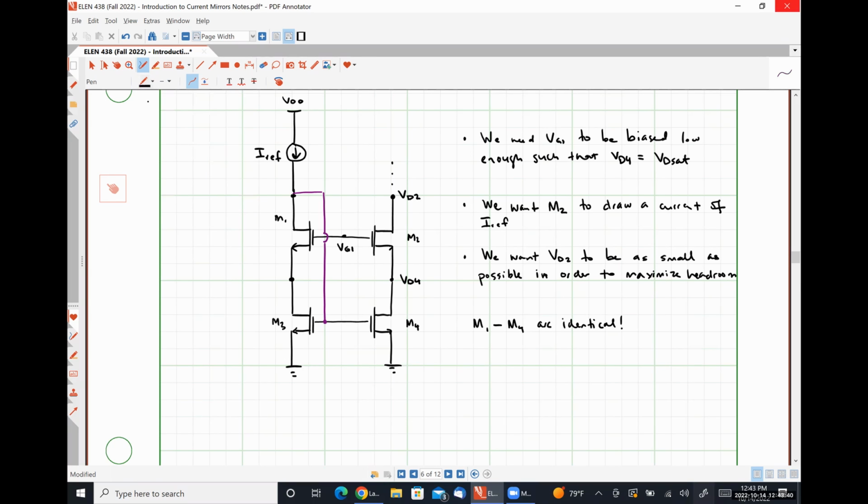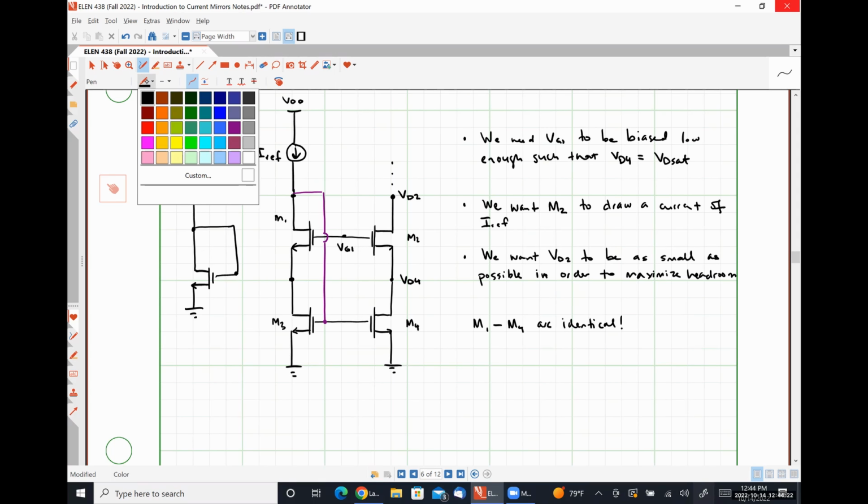I'm going to give myself a transistor over here on the left-hand side. This is going to be transistor M5, like so. It's going to be diode connected and connected to our reference current. Here's our voltage VDD like so.